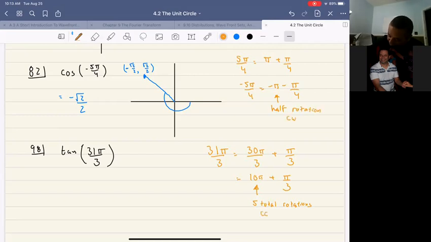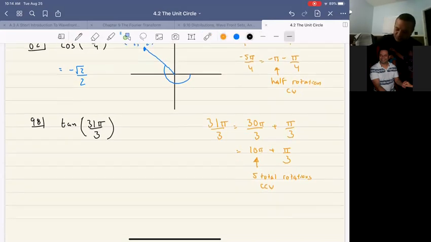This is counterclockwise. Honestly, that part doesn't matter so much here, except for on the end, right? Because a full clockwise and a full counterclockwise rotation, you really can't tell the difference unless you're doing crazy stuff, okay? All right, so 31 pi over 3 corresponds to the pi over 3 angle.